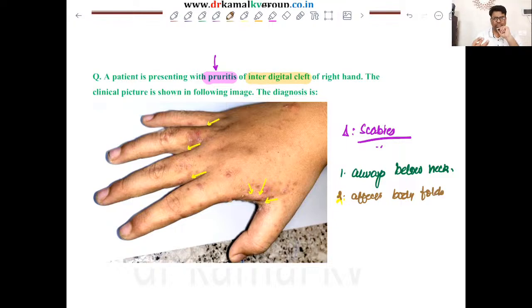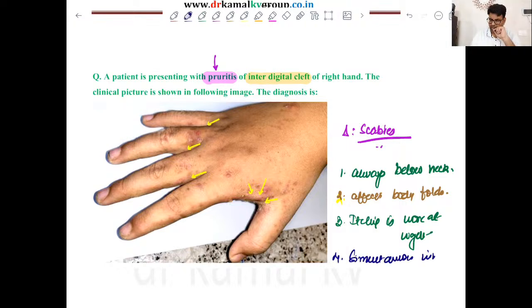It can be the web spaces or groin, right? And classically the itching is more at night, right? So itching is more at night, and most importantly there might be simultaneous involvement of family members.